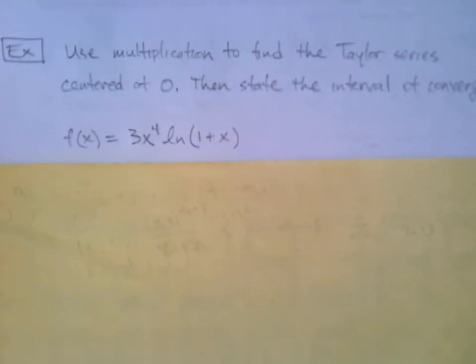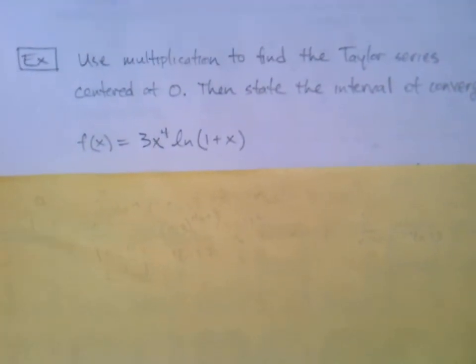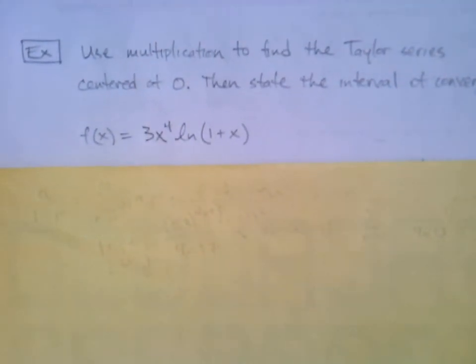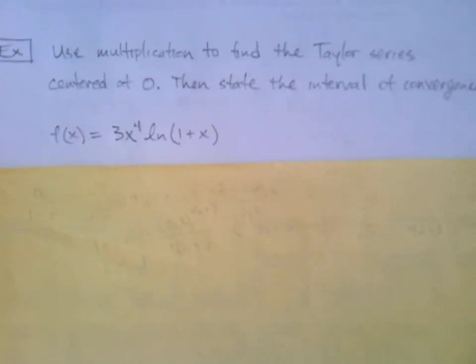Use multiplication to find the Taylor series centered at 0 for this function here. And then again, we'll find the interval of convergence. Okay, try and fit that all on the screen.